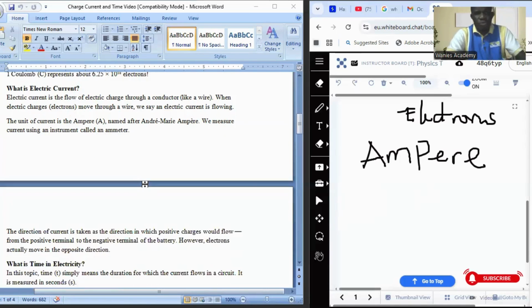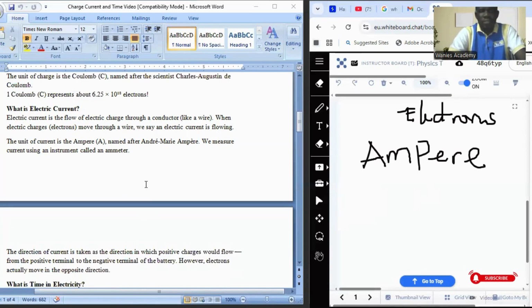Now, let's move on. The direction of current is taken as the direction in which positive charge will flow, from the positive terminal to the negative terminal of the battery. The battery has its positive terminal and its negative terminal. In the symbol of a battery, the longer line is the positive and the shorter one is the negative.